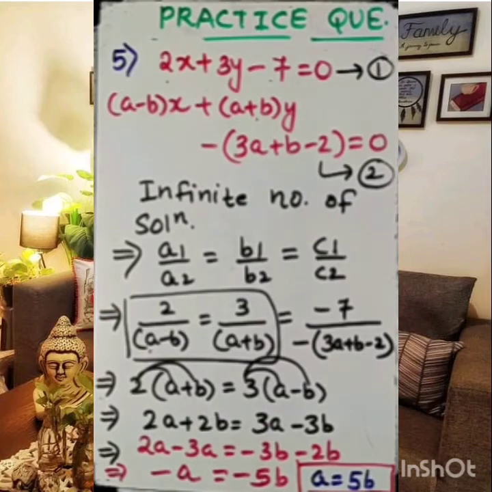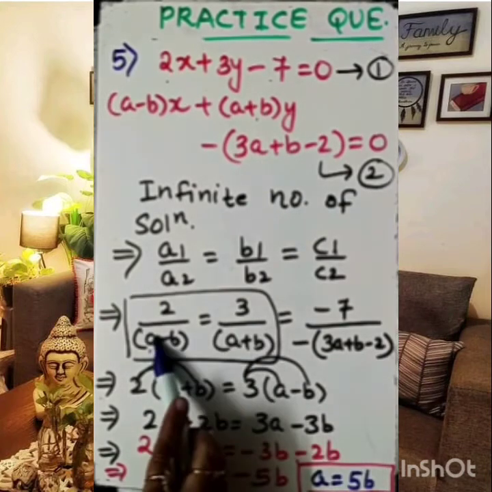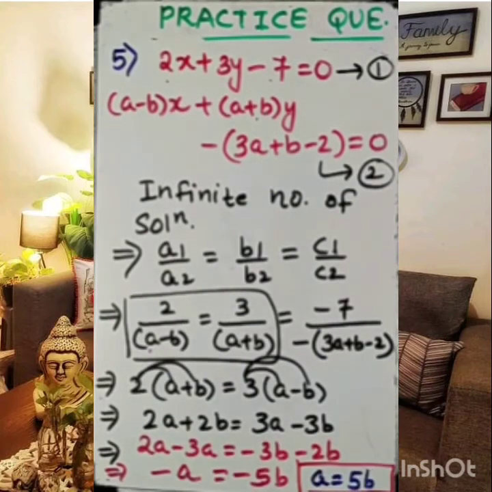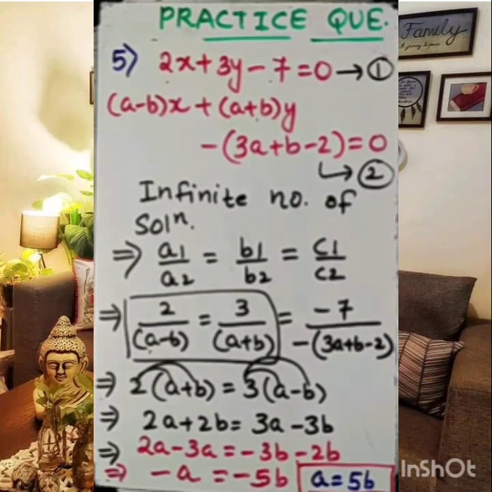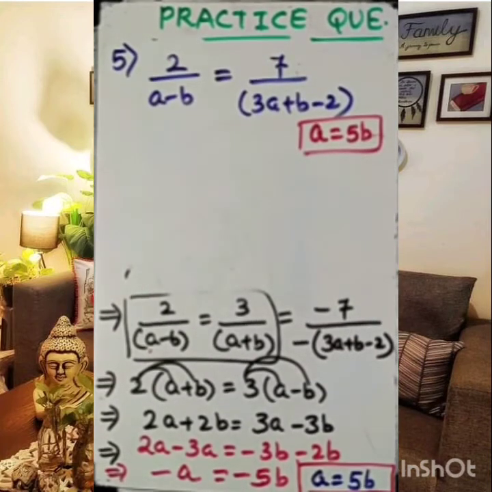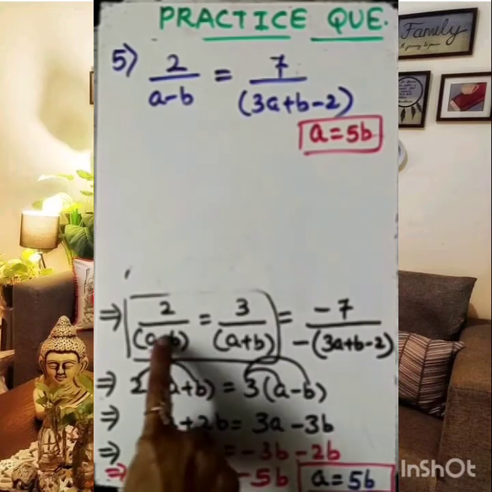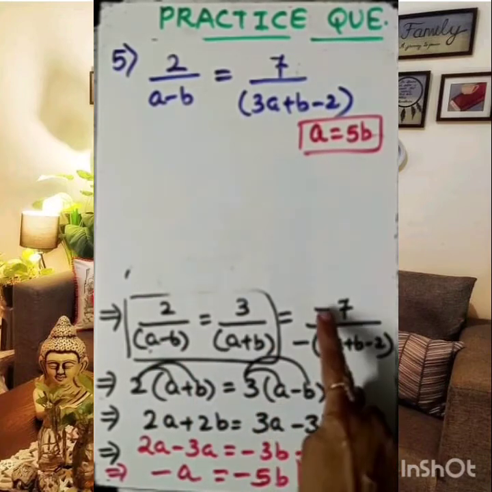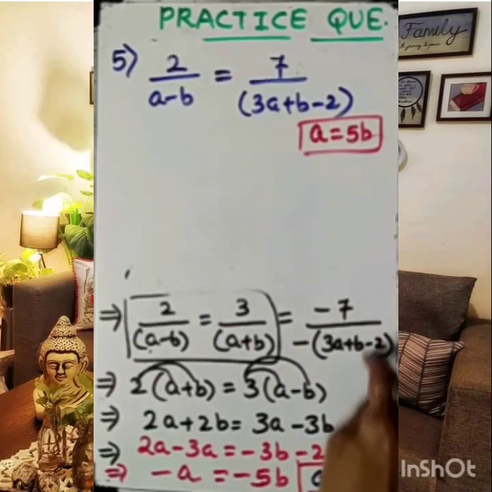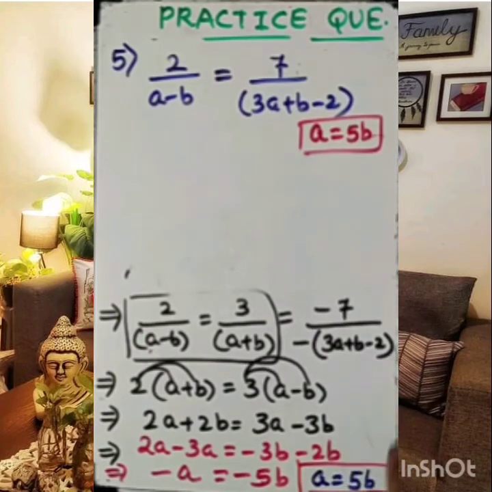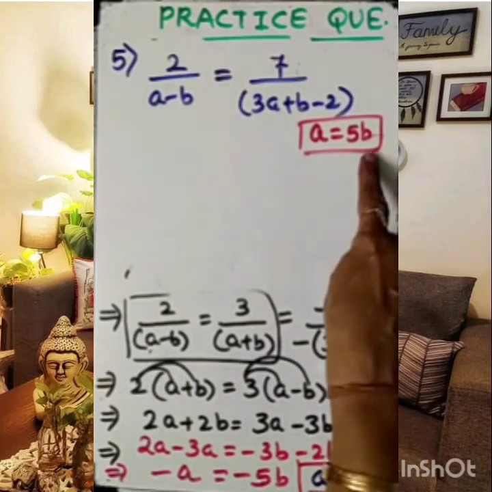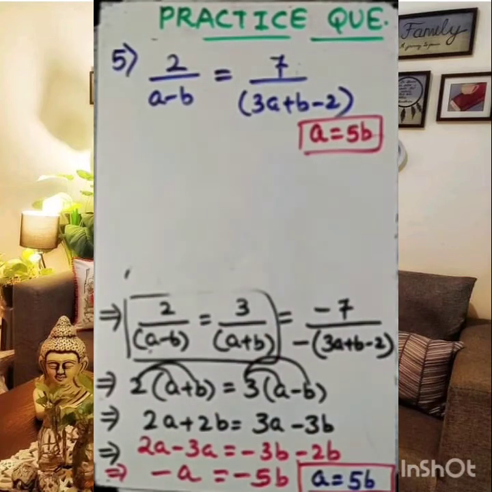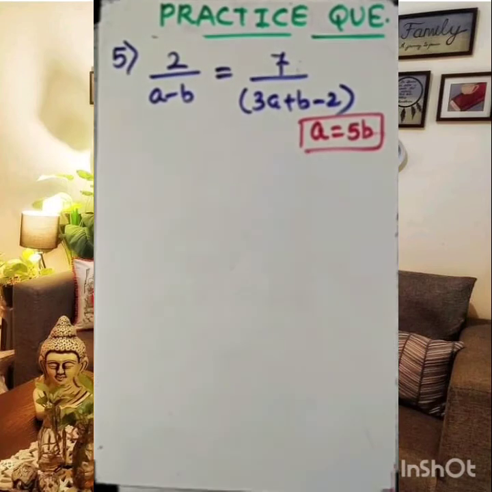Now we compare this with this, where minus minus becomes plus, so I have written 7 upon 3a plus b minus 2, and the value a equals 5b is written side by side. Now let's see how to work out the solution.